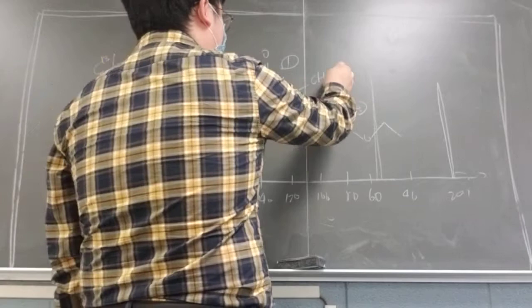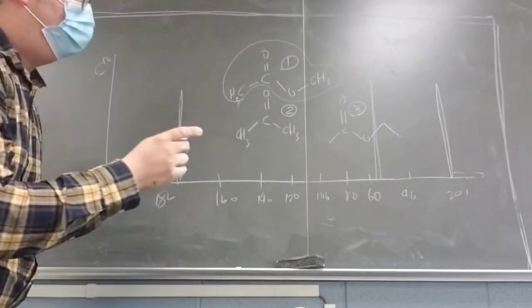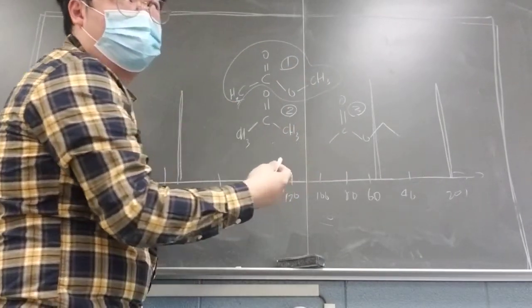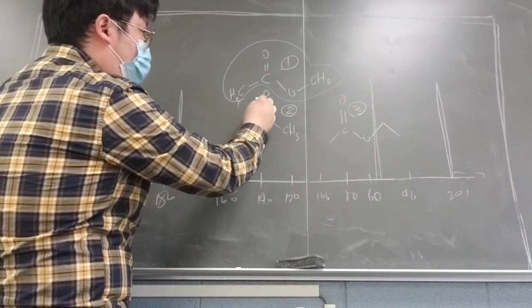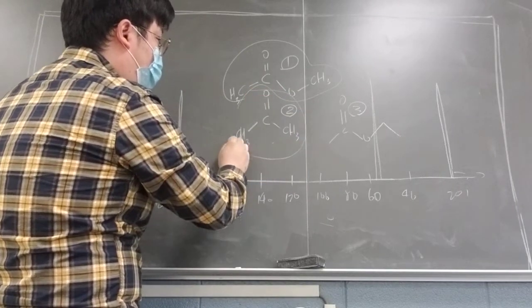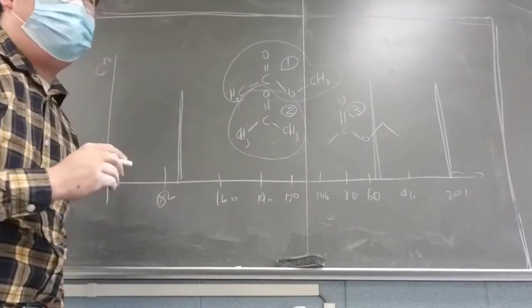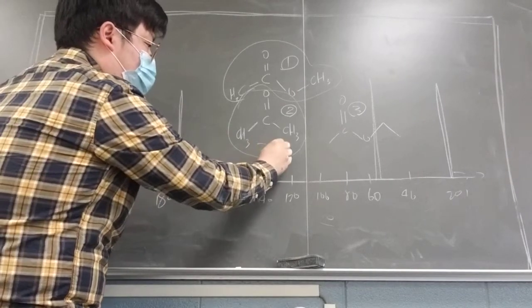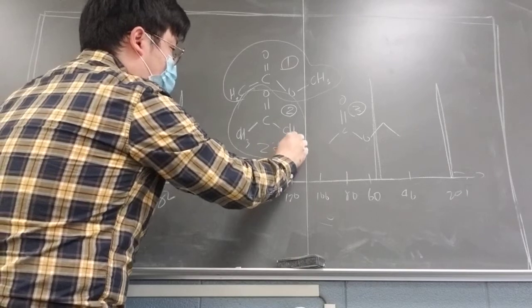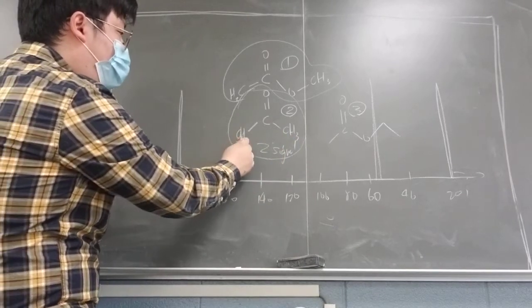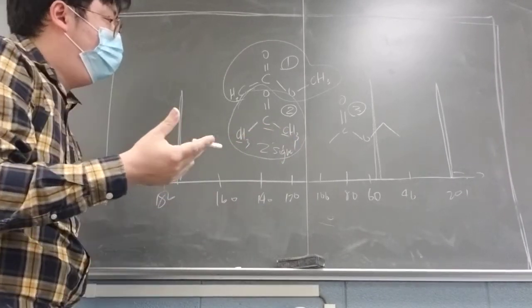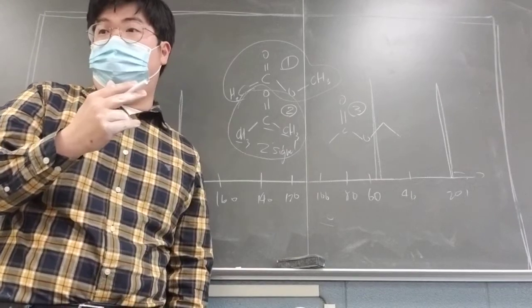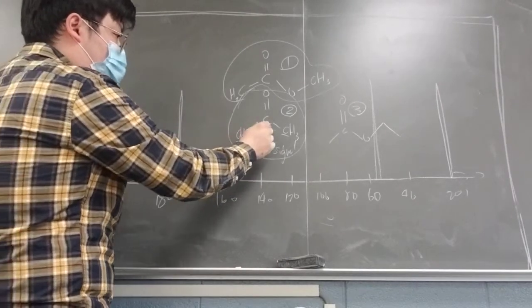Okay. Perfect. So here's the thing. Let's try to look at 2 and 3 first. If you look at this one over here, how many signals should be there? There will be only 2 signals. Because we have 3 carbons, so technically you should have 3 signals, for each carbon here and here, here.